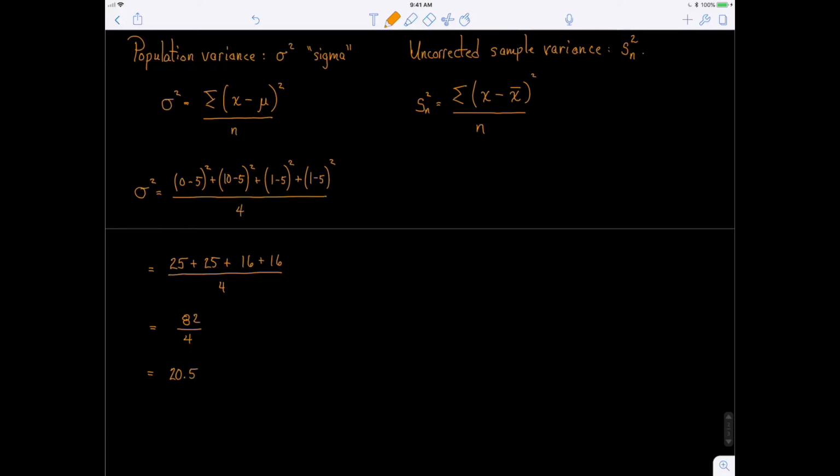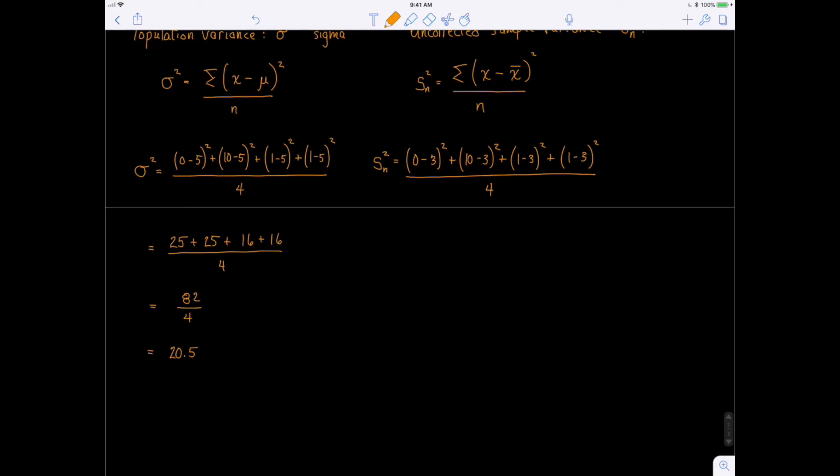20.5. Now let's do this side by side, but now let's do it for Sn squared, the uncorrected sample variance. So again, we have a 0, but this time we're using x bar, which is 3, squared. Plus another 10 minus 3 squared, plus 1 minus 3 squared, plus 1 minus 3 squared. And we divide that by 4.